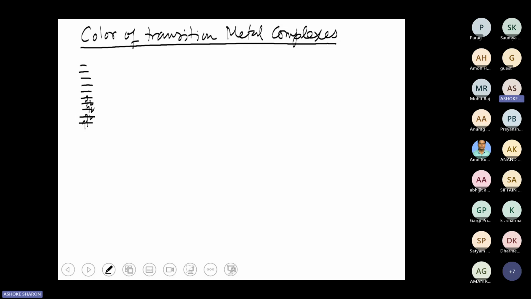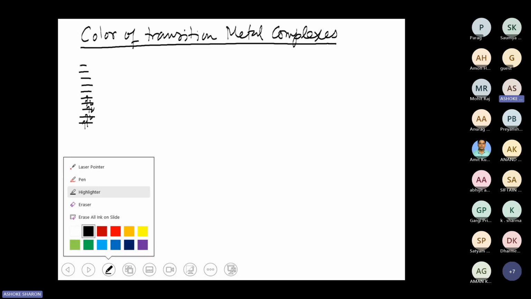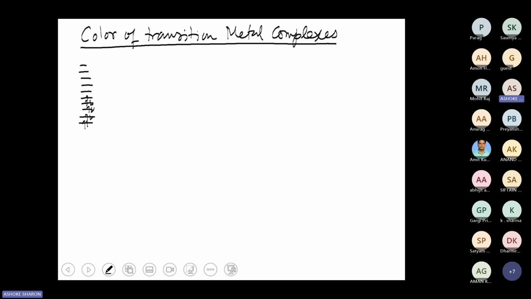So this orbital we can write as the highest occupied molecular orbital, HOMO, and the lowest unoccupied molecular orbital, LUMO.